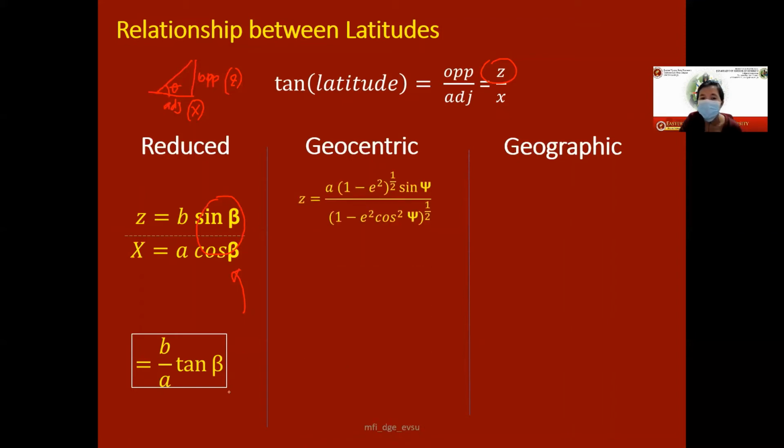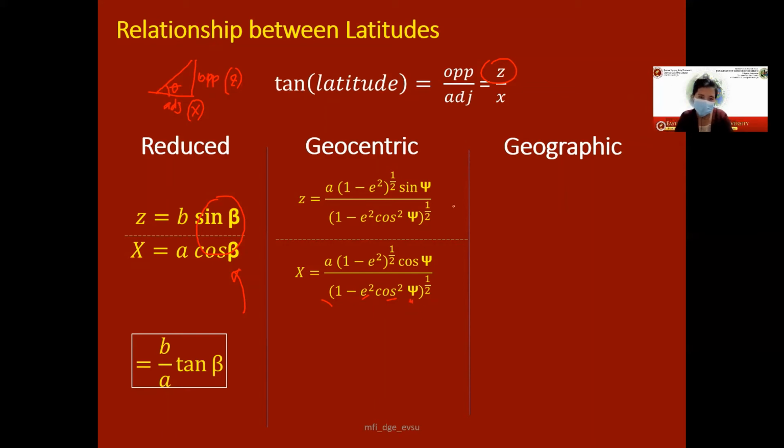So for geocentric, we all know that z is equal to a times the square root of 1 minus e squared, sine of phi over the square root of 1 minus e squared cosine squared of the geocentric latitude, divided by the adjacent, which is your x, that is a times the square root of 1 minus e squared cosine of the geocentric latitude, all over the square root of 1 minus e squared cosine squared phi.